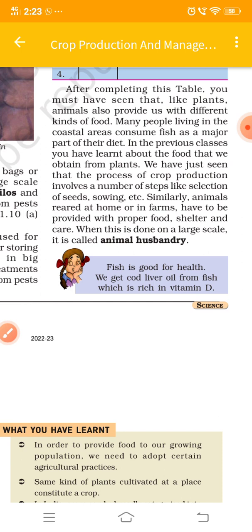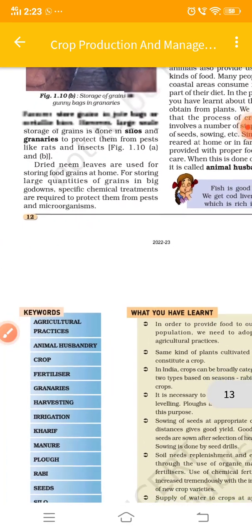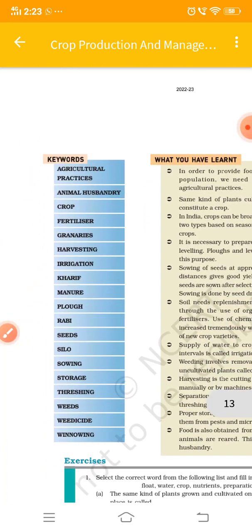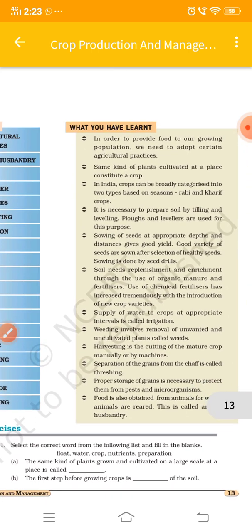Fish is good for health. We get cod liver oil from fish. Oh yeah, I have heard about this cod liver oil in grade 7. It was in the Honeysuckle book, somewhere. See, we know fish is rich in vitamin D.